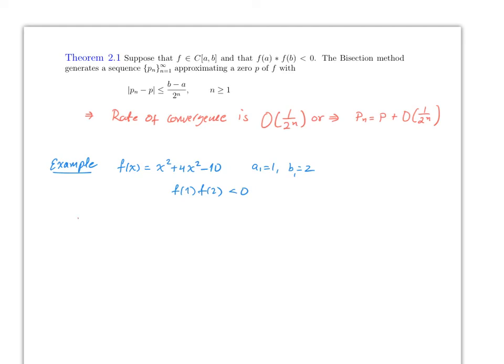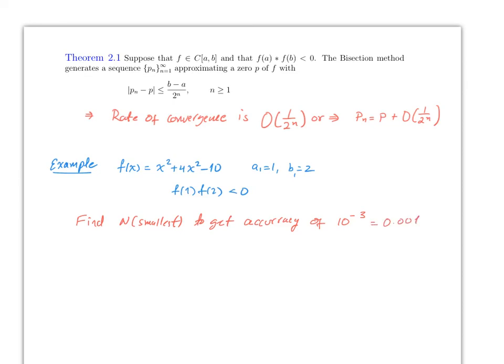So the question is: find n, the smallest n, to get accuracy of, let's say, 10 to the negative 3, which, remember, is the same thing as saying 0.001.